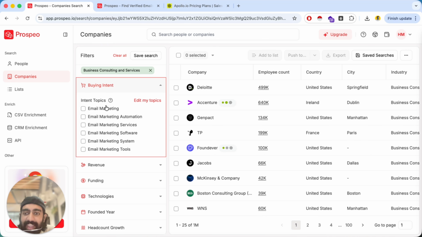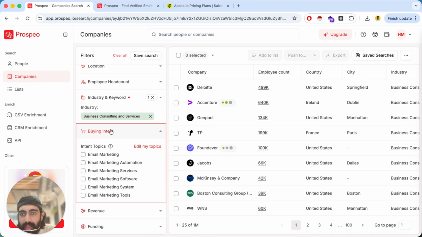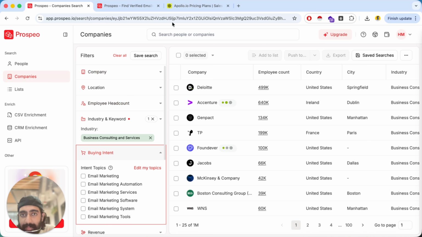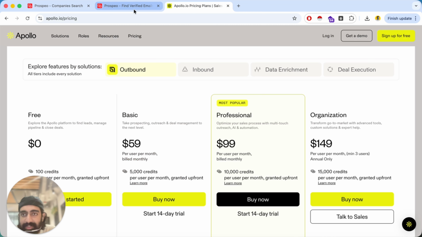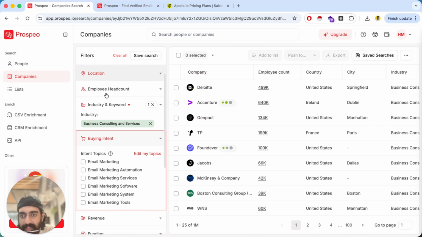But the reason why I haven't used it is because it reduces the company lead list by a huge number. It becomes super targeted, but as of now, since my campaign is not that targeted, I haven't used it.